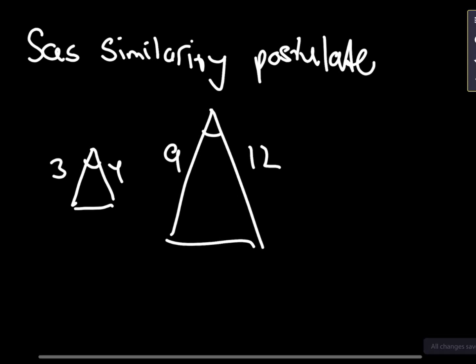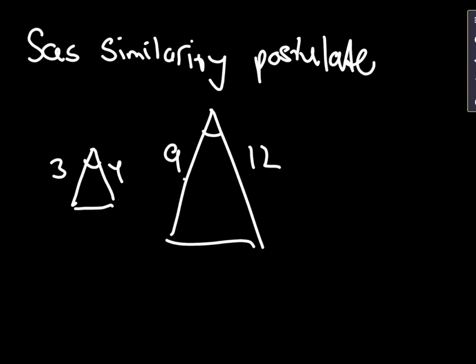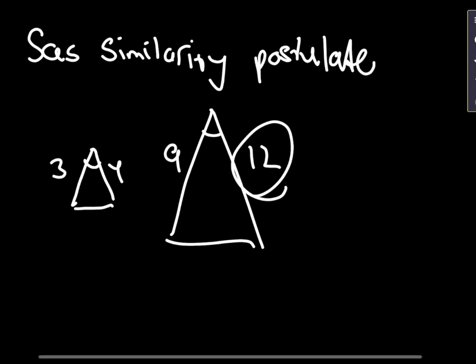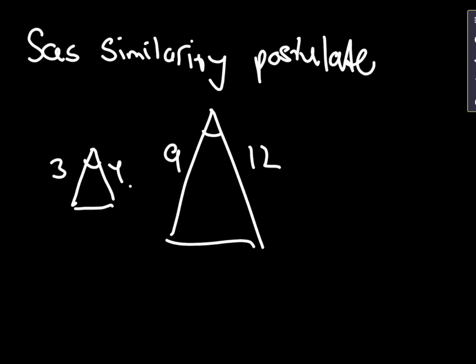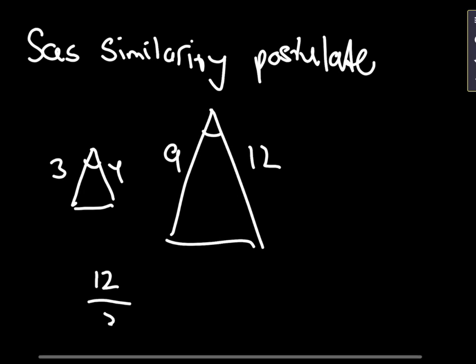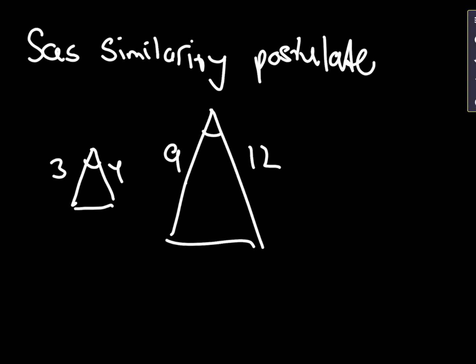You have two sides, and you have this angle right here. If the two sides are in proportion, meaning that if we divide 12 over 3, so this big side over the small side, and you divide the small side over the, oh, my bad, okay.